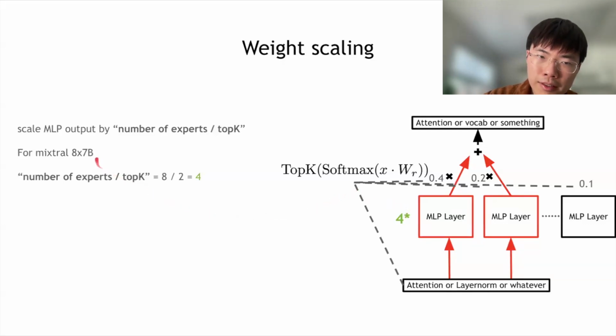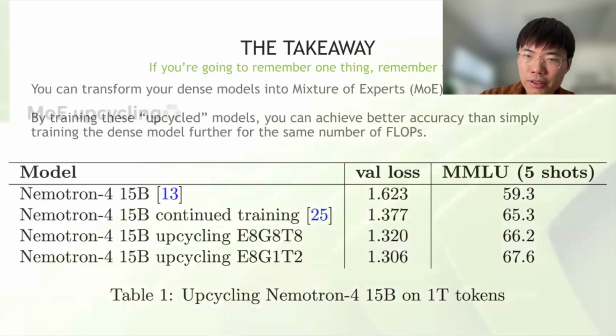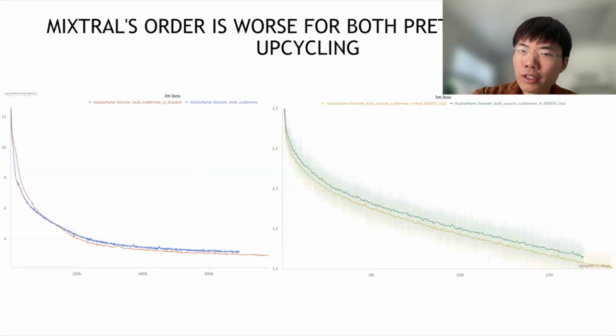So with this simple trick, we're able to get better accuracy when we upcycle the model compared to the Mixtral style router. We trained two models previously, and I show the numbers here. On the right, this is upcycling.